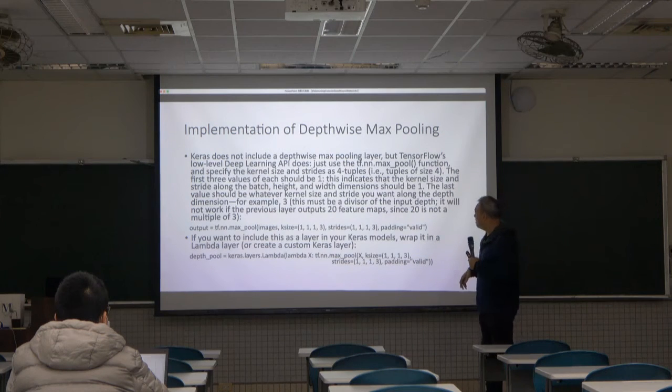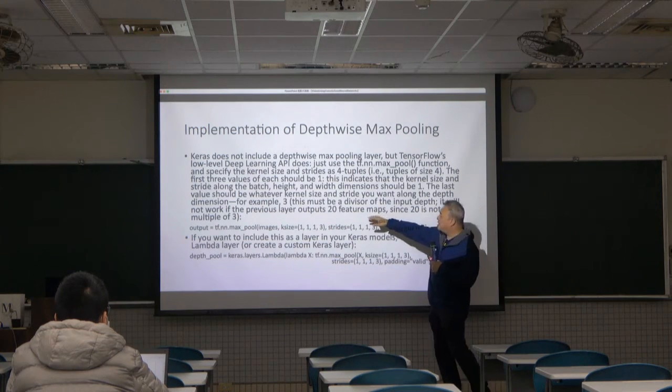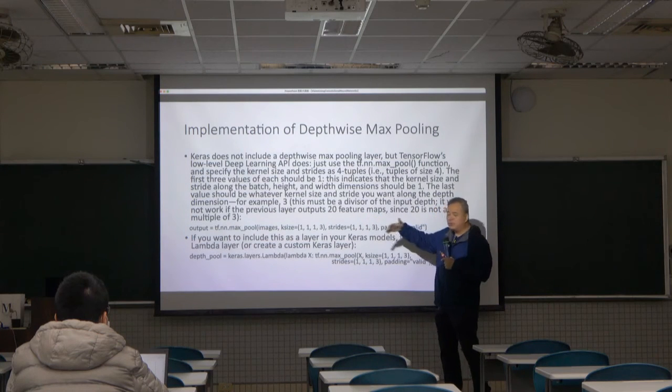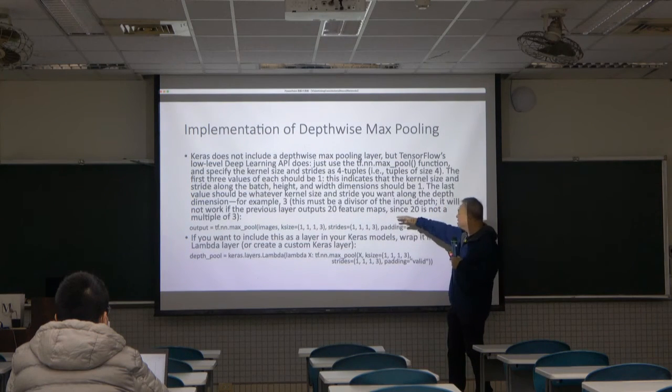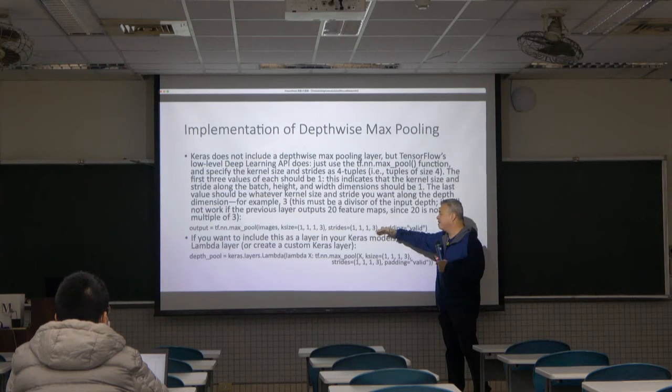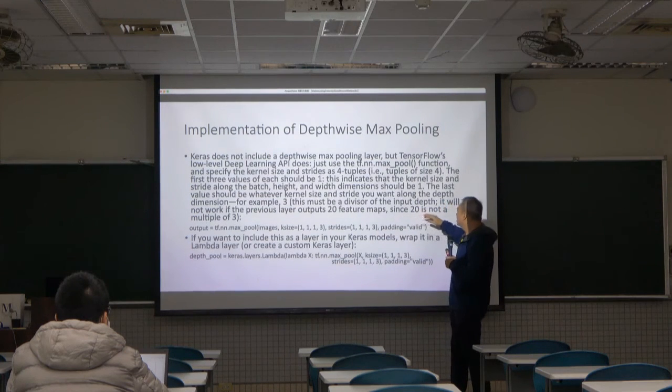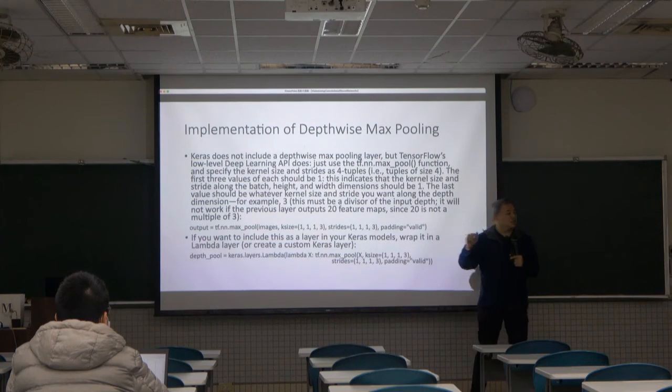For example, if you have 20 feature maps created in the previous layer and you apply this statement, you may have an issue because 20 is not divisible by 3.